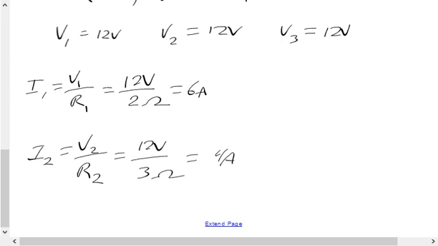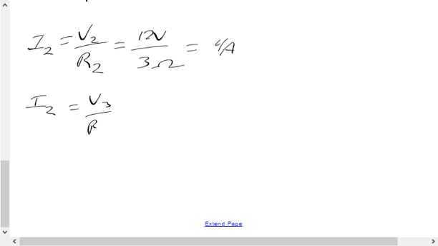And then lastly, for the current for the last one, we're looking at the voltage across resistor 3 divided by the resistance of resistor 3, which is 12 volts divided by the, I'm sorry, it was 12. I changed it to 12 ohms, and that gives us 1 amp. 1 amp going through the last resistor.